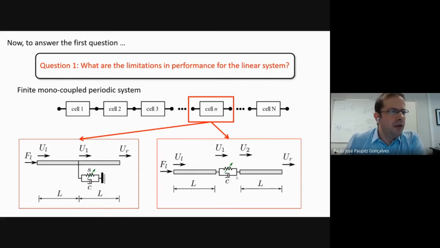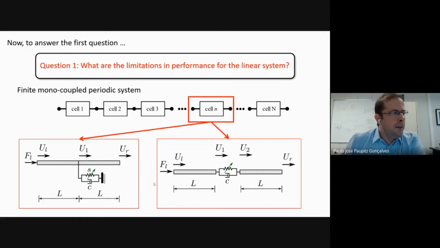So you have a parallel configuration of the rod and this set of nonlinear spring and viscous damping. And the other configuration is this one, where we put the set of nonlinear spring in series configuration with two rod sections. I'm not going to talk about this on the right today because we don't have enough time.